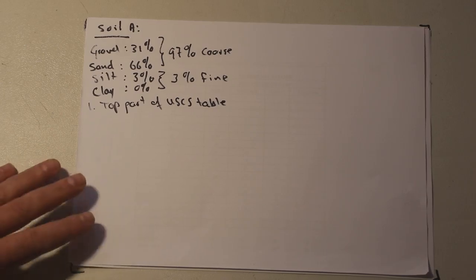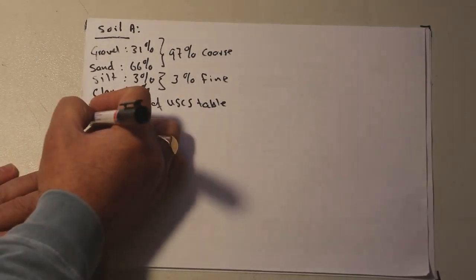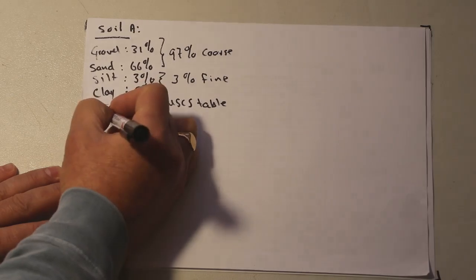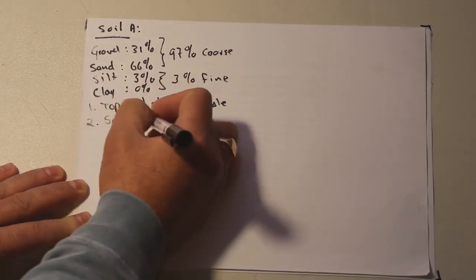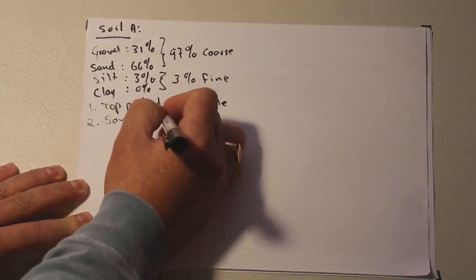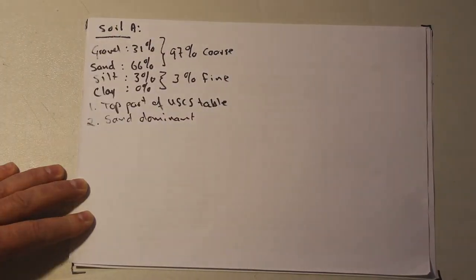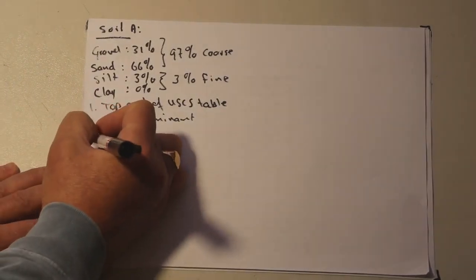Secondly, which is more dominant, the gravel or the sand? In this case the sand is more dominant. What is the percentage of fine fraction?